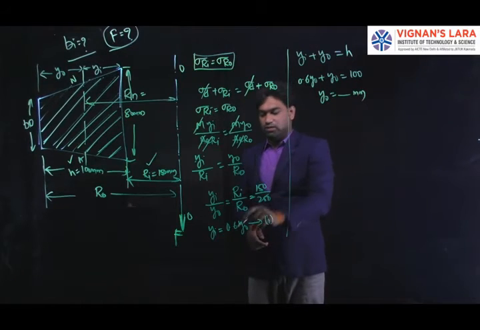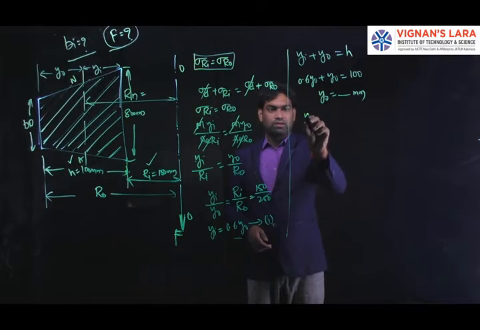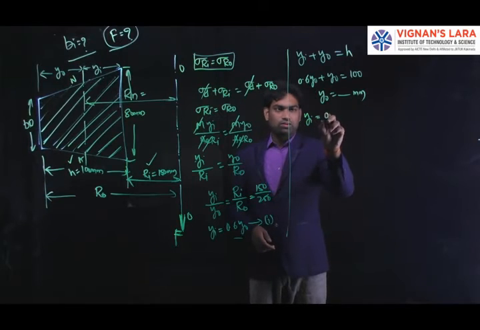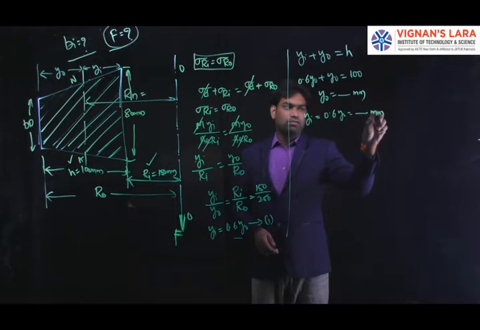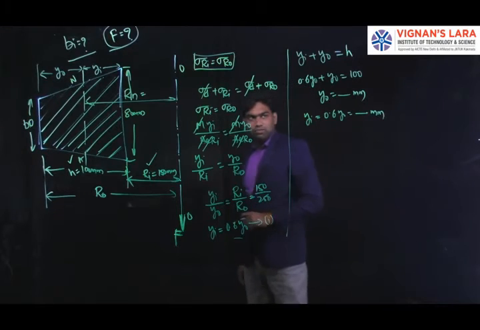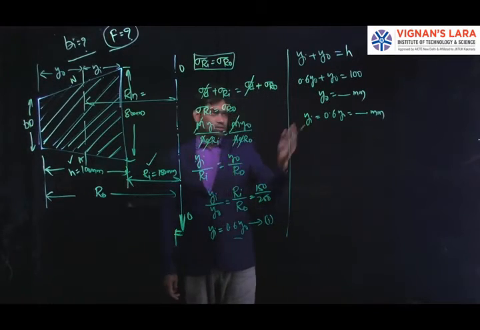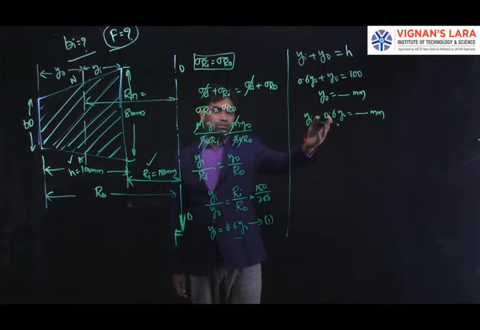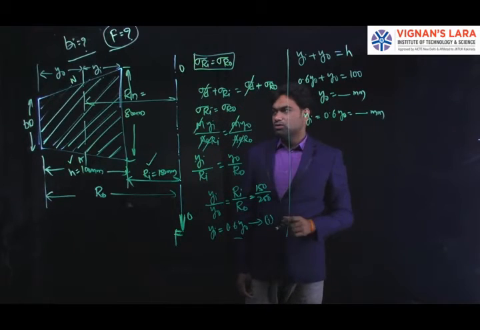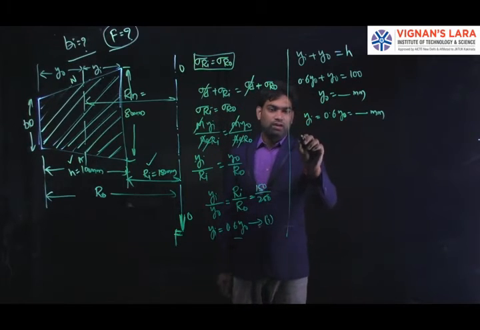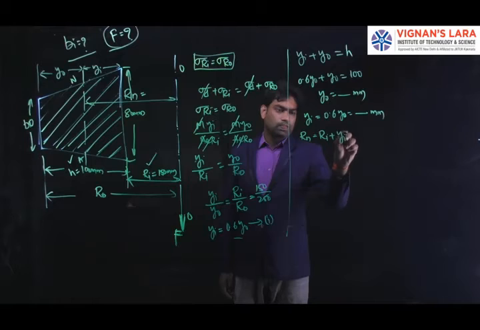So yi equal to 0.6 times y naught, so we can get the value of yi. We can substitute both values and find out y naught, and as well we can find out the value of yi, so that we can get the value of Rn, which is the location of the neutral axis. That equals Ri plus yi.